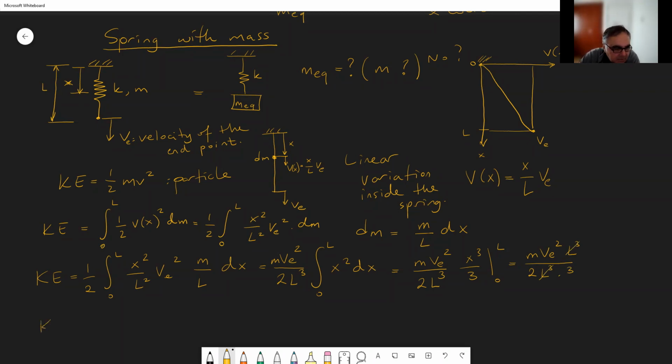So the kinetic energy is 1 over 2 times m over 3 times v squared.